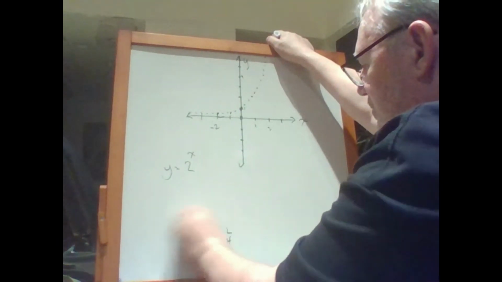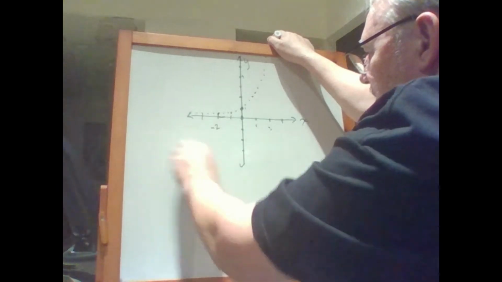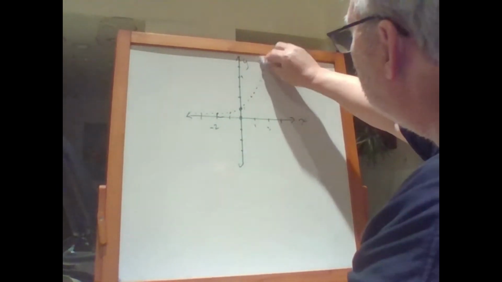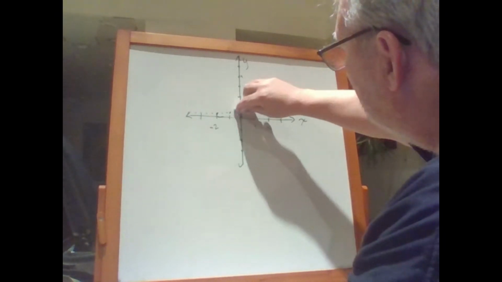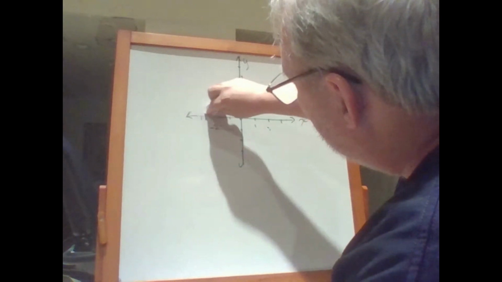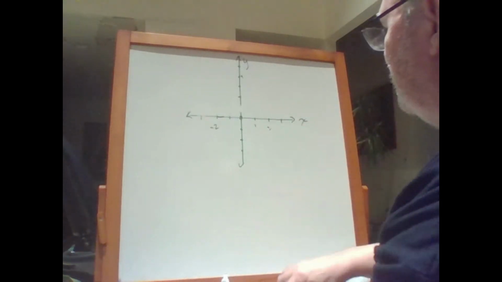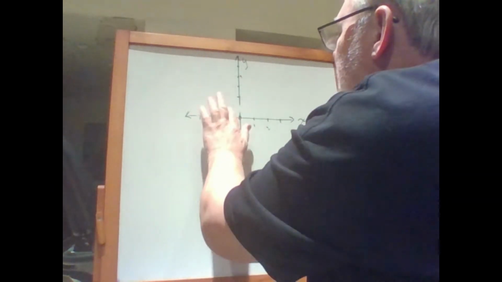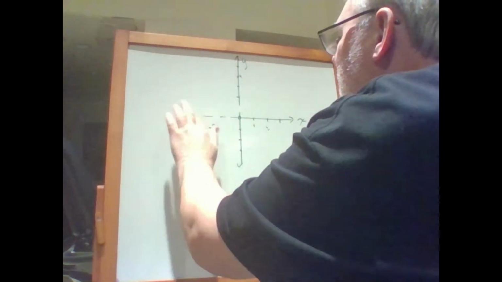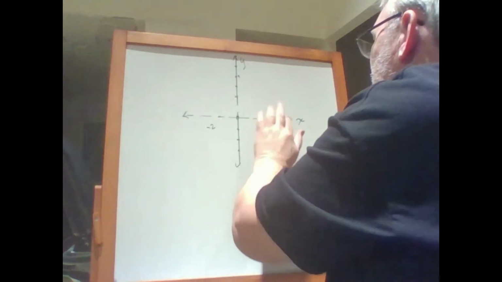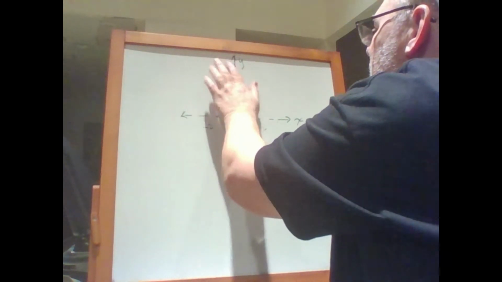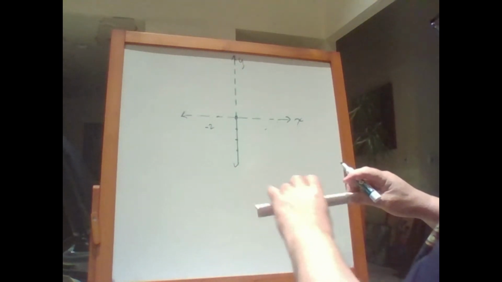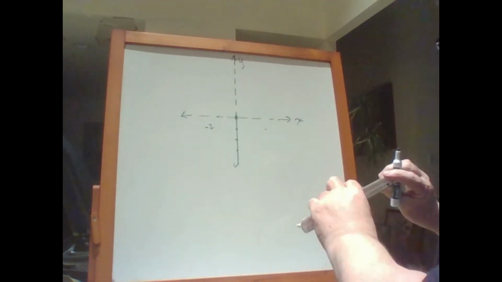Now, when we have 2 to the minus x, when it's in the opposite direction, then you know what we're going to do? I'm going to make these less pronounced so that they don't show up as prominently.